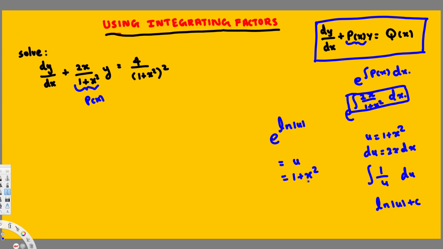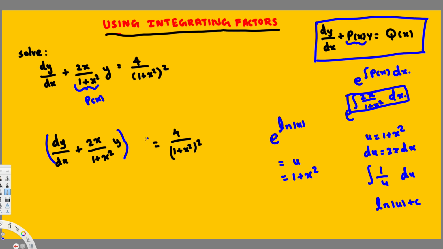Now we have to multiply the given equation by the integrating factor on both sides. So we write dy over dx plus 2x over 1 plus x square y, and on the other side of the equation we have 4 over 1 plus x square, squared. Now we bring the integrating factor we found and multiply both sides.